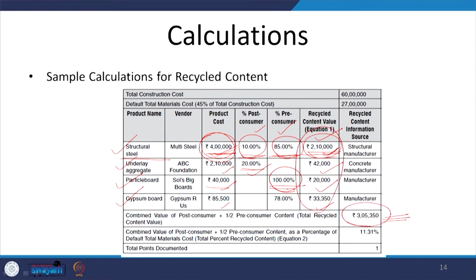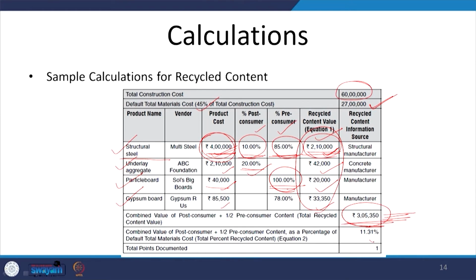Now, of the total recycled content value, we calculate what percentage it forms of the total material cost of the project. So, if the total construction cost is 60 lakhs, we calculate roughly 45% of the total construction cost will be that of materials. So, 27 lakhs, out of which approximately 3 lakhs is the recycled content value.